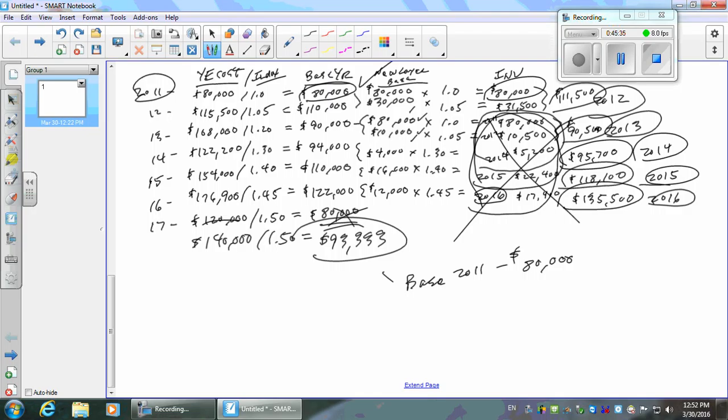It was 30, but then what did I do to it? I depleted it down to 10, right? So I'll have 10 from 2012. But what was that 10? So this is 80,000. This is 10,000 in base dollars, right? What is it at year-end dollars? 10,500. That was 10.5, wasn't it?